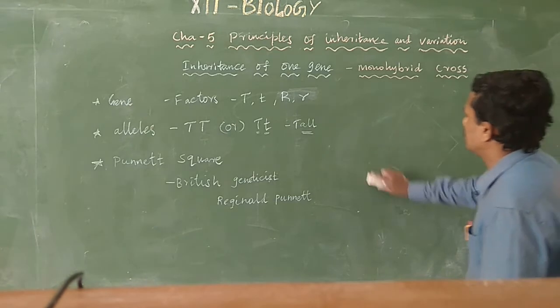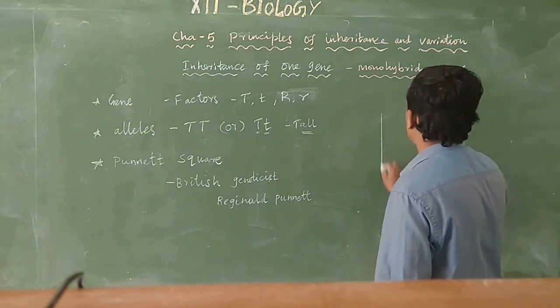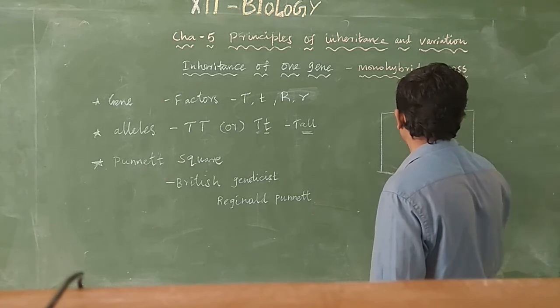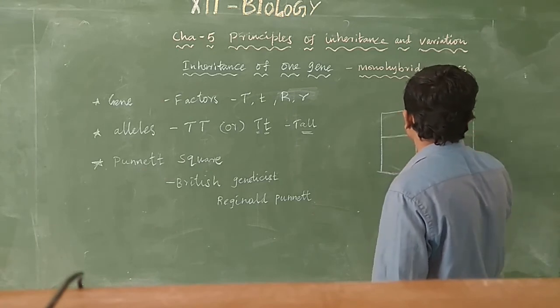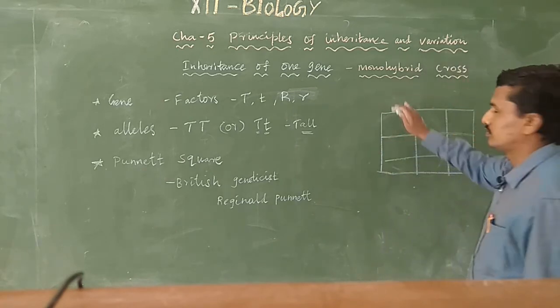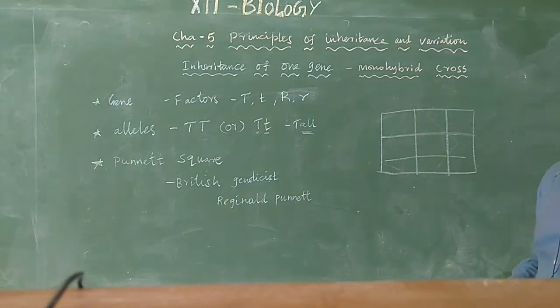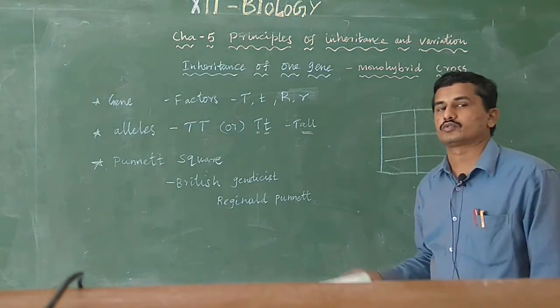He formulated a square structure for monohybrid as well as dihybrid crosses. Using the square, we calculate the various male and female gametes and work out the F1 and F2 generations. This square is the Punnett square.